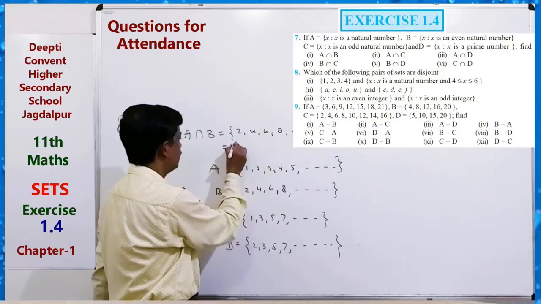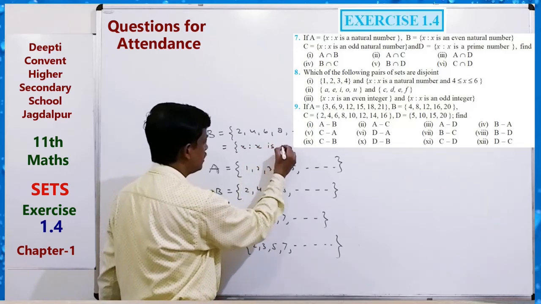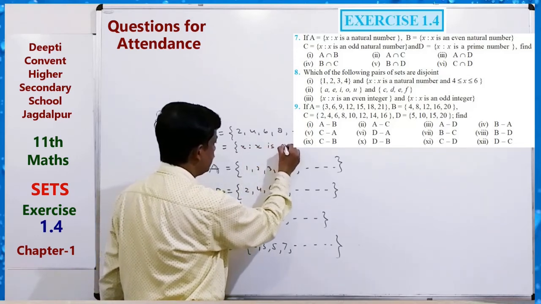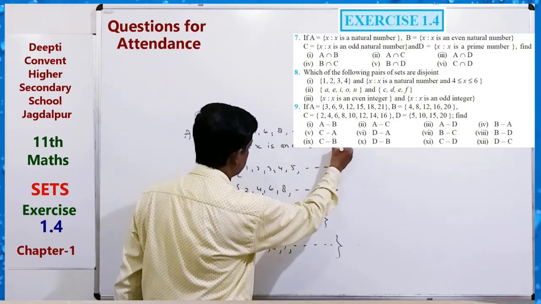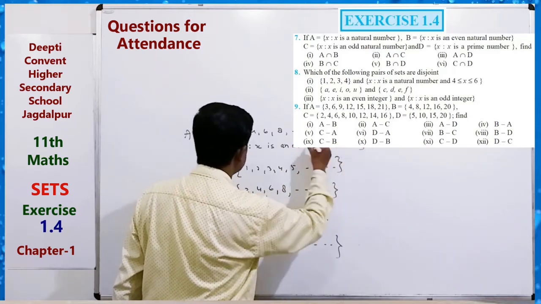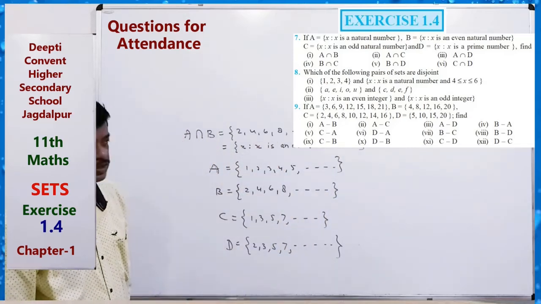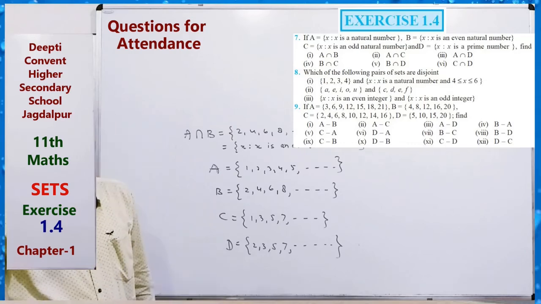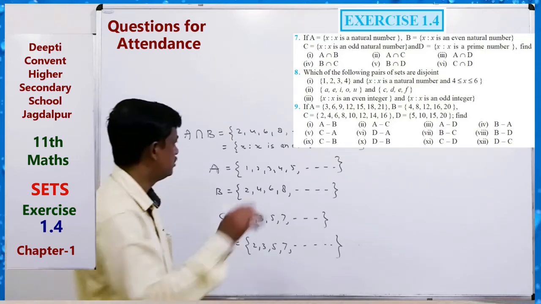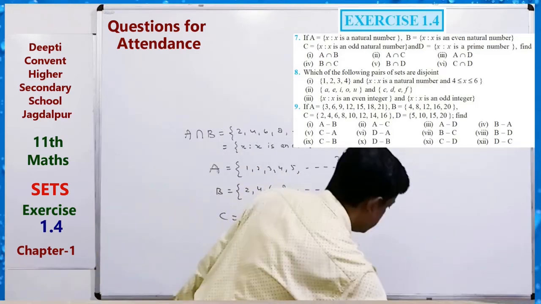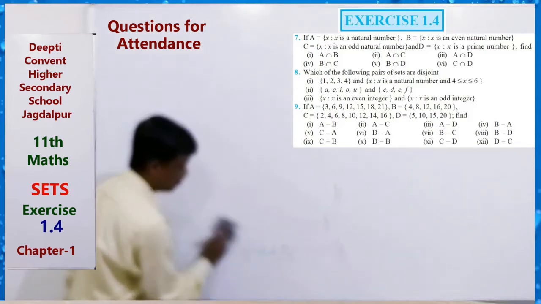That is, x such that x is an even natural number. This is in set builder form. You have to write all the answers in set builder form after finding them in roster form. This is roster form, this is set builder form. So this question also you have to write in your copy.